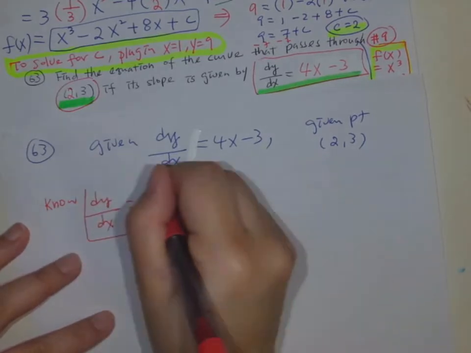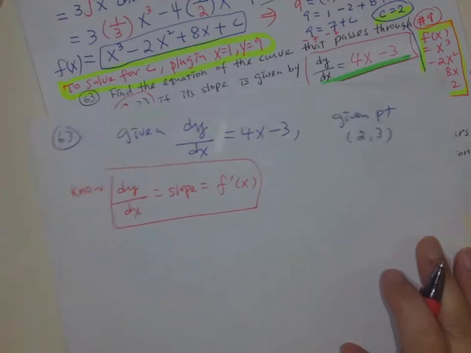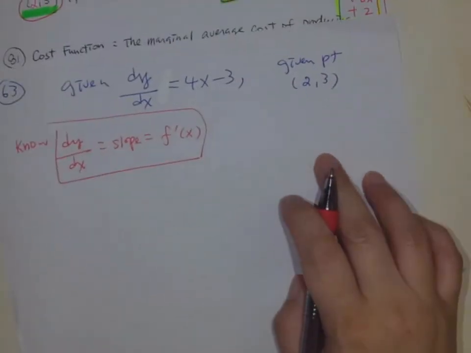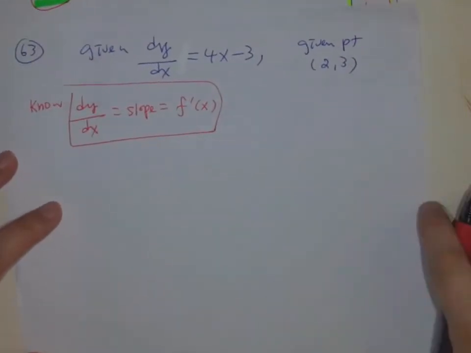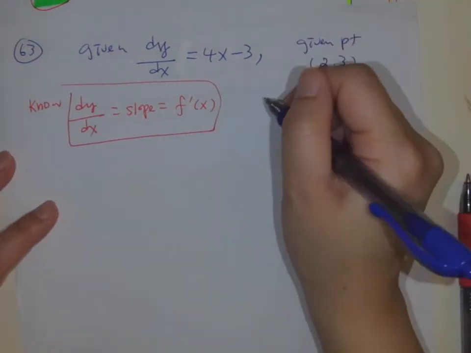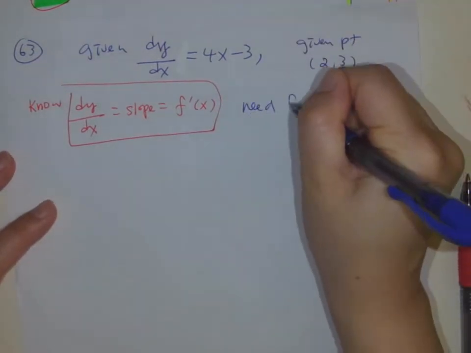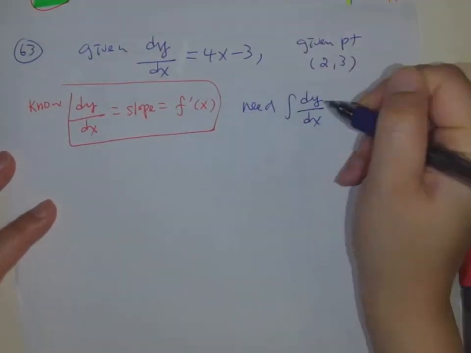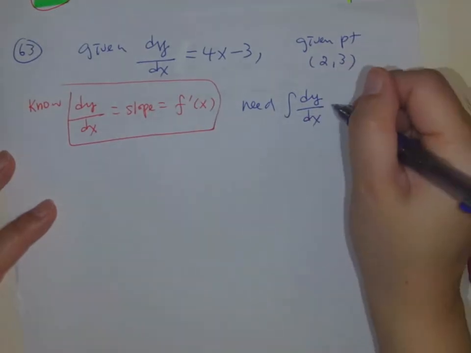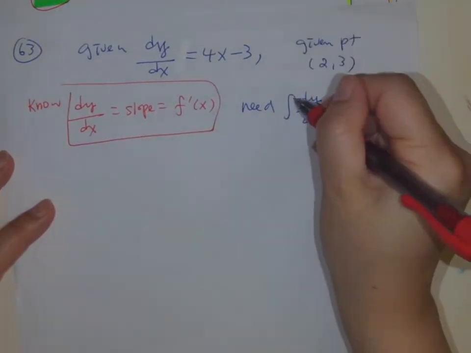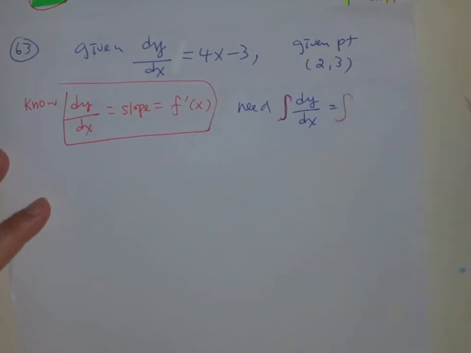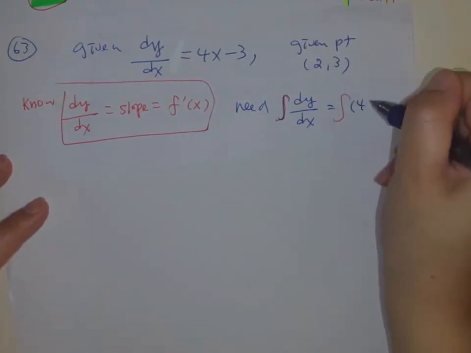Alright, so what we need to do is we need to take the integral of that function. So we need the integral of dy/dx. So this will equal the integral of 4x minus 3.